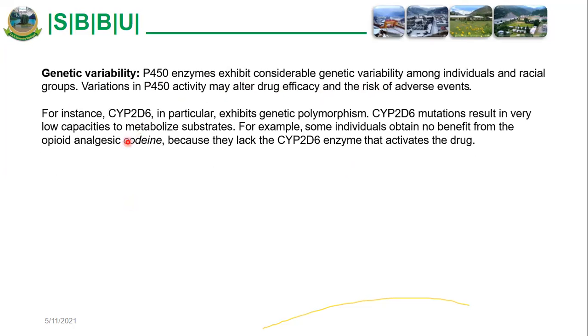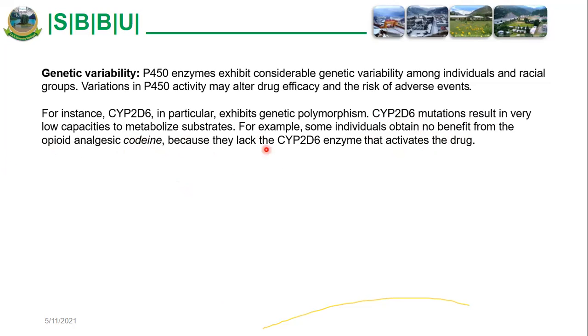For example, CYP2D6 exhibits genetic polymorphisms. If a mutation occurs, CYP2D6 mutation results in very low capacity to metabolize certain substrates. For example, individuals may obtain no benefit from the opioid analgesic codeine.